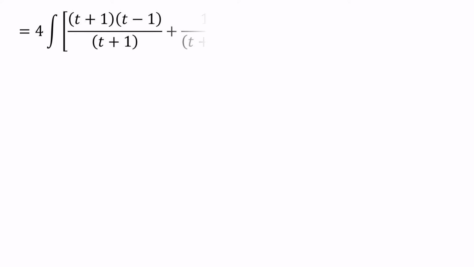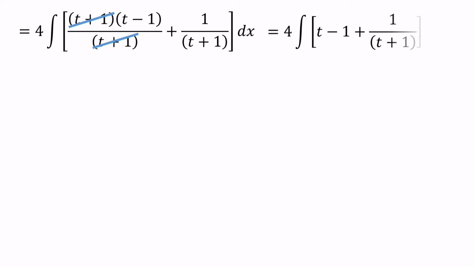We divide the t plus 1 into t minus 1 term by t plus 1, and the plus 1 term divided by t plus 1. We can cancel out the t plus 1 term. Then we can write 4 integral t minus 1 plus 1 over t plus 1.